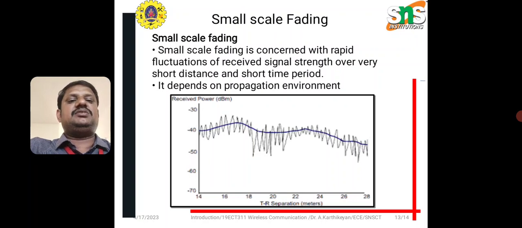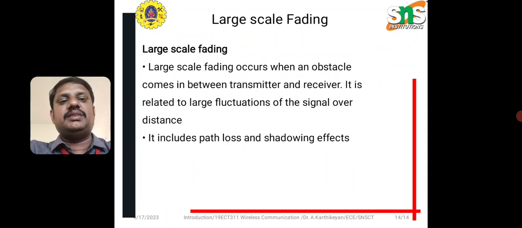Fading is also an important thing. Small scale fading is concerned with rapid fluctuations of received signal strength over a very short distance or short time period. Fading occurs only over a very short period and very short distance; the remaining time the signal transfers normally. It depends upon the propagation environment, so the environment also plays a major role in wireless communication.